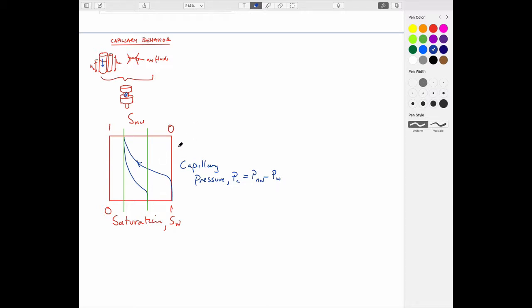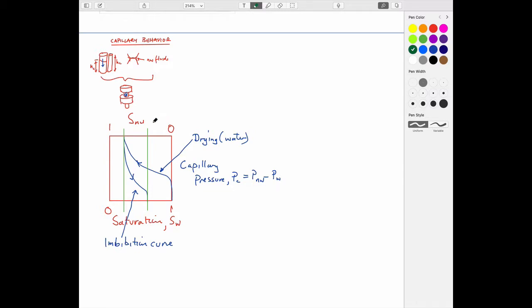We define this as a drying curve, because the water is drying. And we describe this as an imbibition curve, which is this one here.